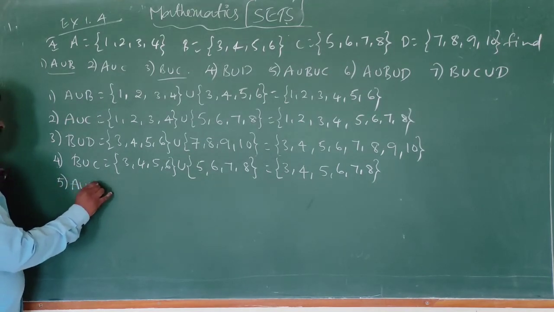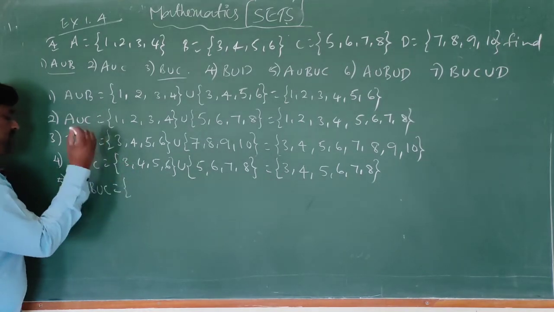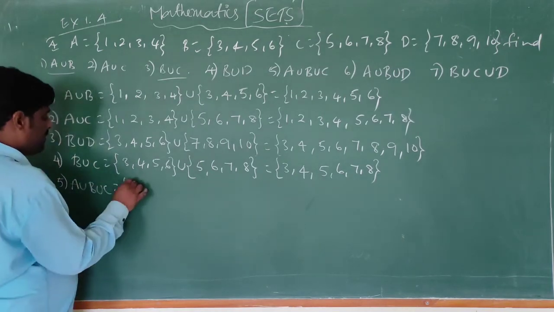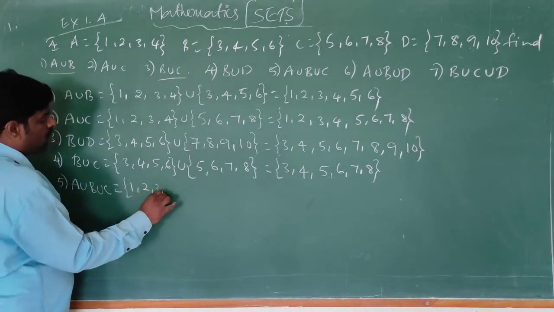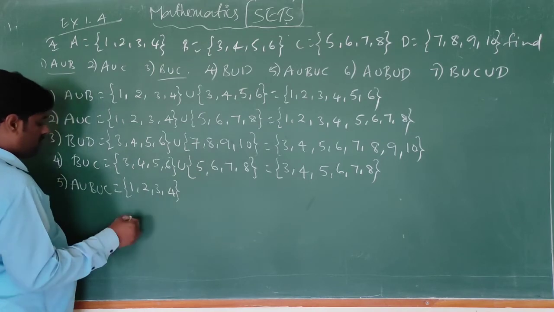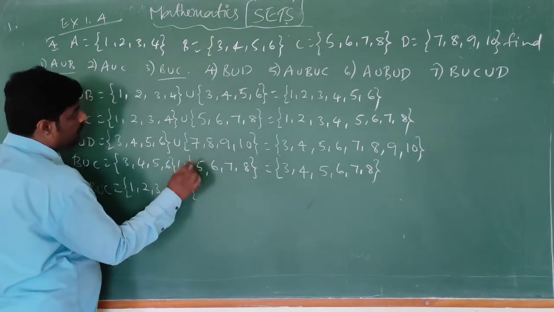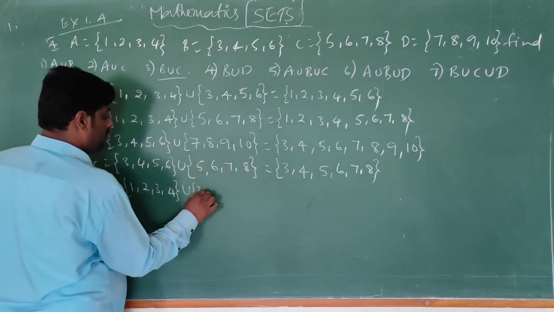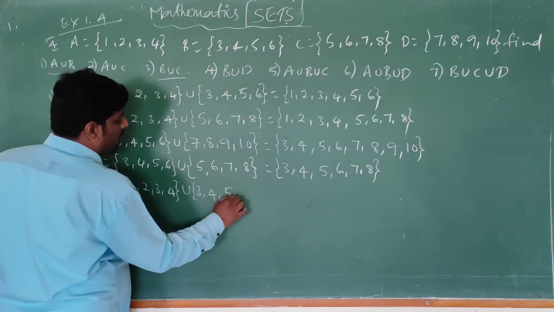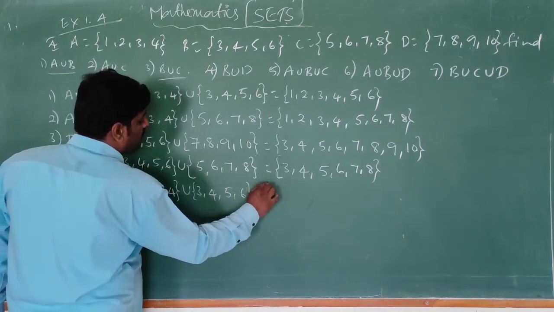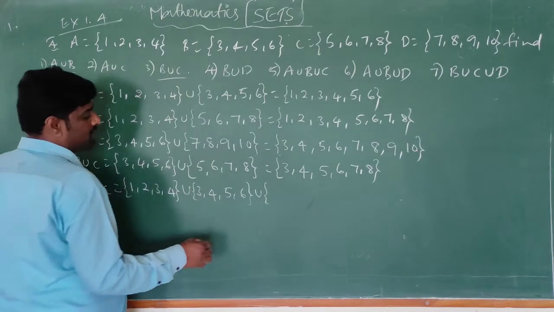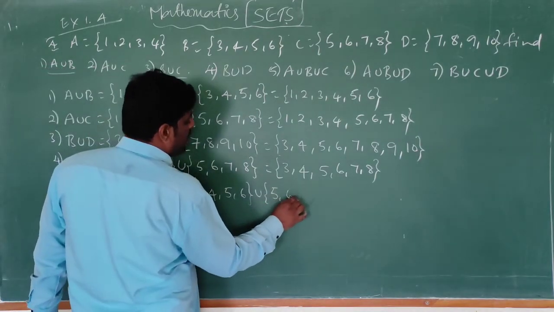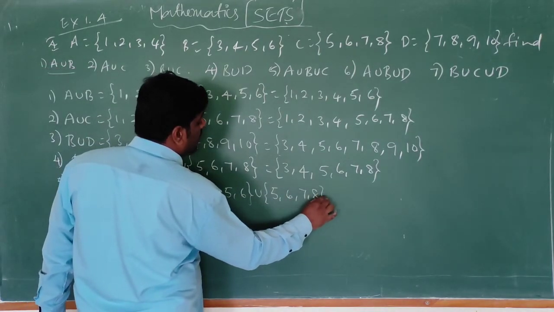Now I want to find A union B union C. A set is 1, 2, 3, 4, union B set is 3, 4, 5, 6, union C set is 5, 6, 7, 8.